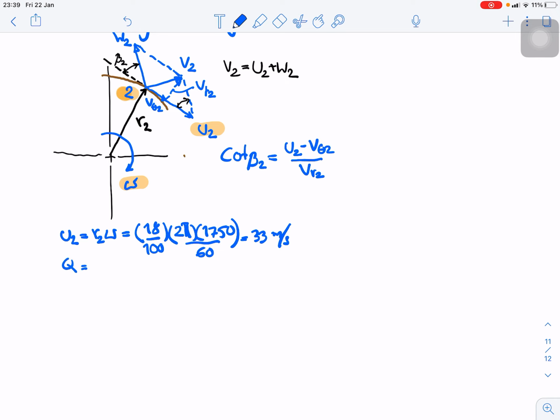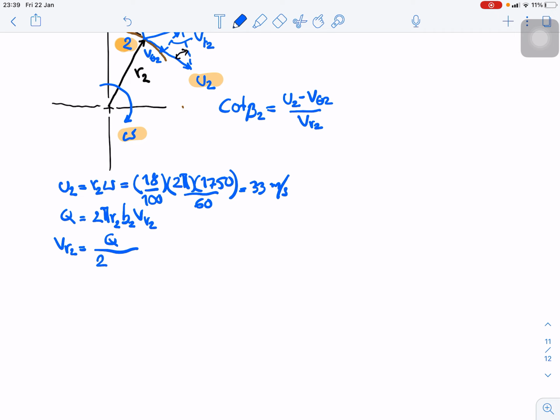And Q is equal to 2 pi r2 b2 VR2, so VR2 is equal to Q divided by 2 pi r2 b2.